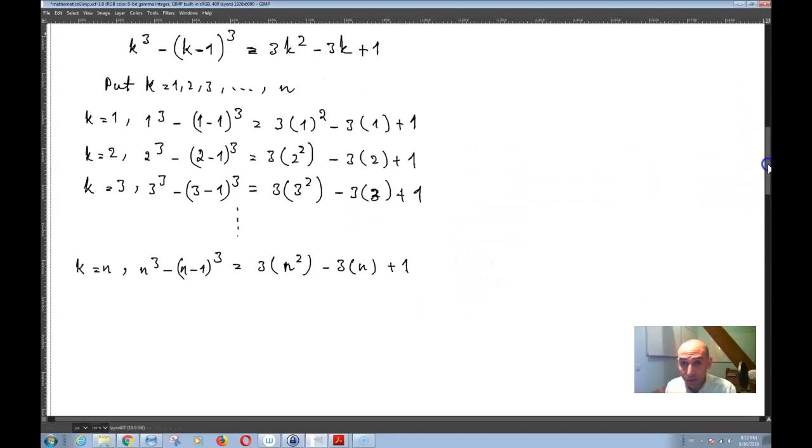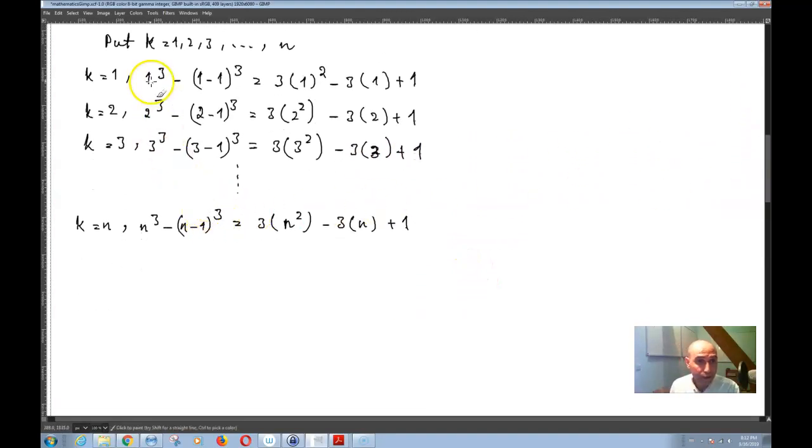Now, if I add all the respective terms of all of these expressions together, what I will get is 1 cube plus 2 cube plus 3 cube plus all the way up to n cube.